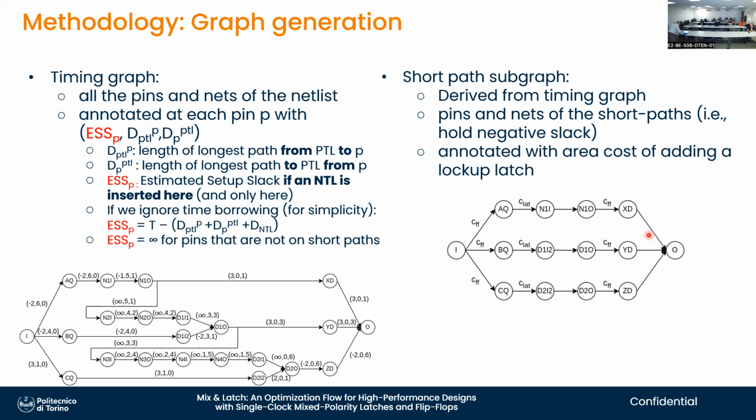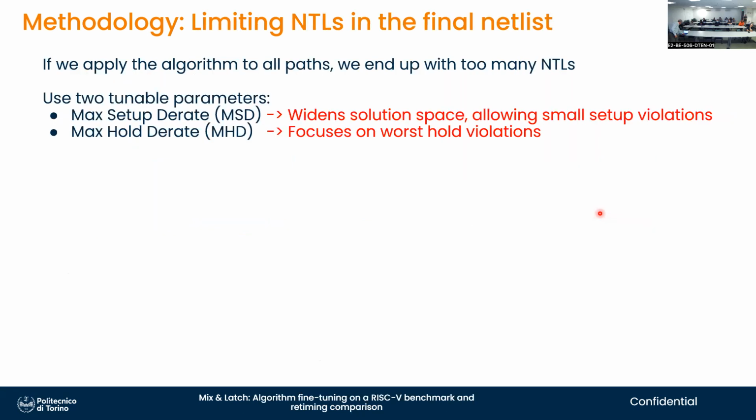And we try to find on this graph a cut that breaks every short path with a negative latch, and which does not involve any case of insertion where it would create a negative slack at the end. So we basically select out of all these gates only those for which the insertion before the gate or after the gate does not lead to a negative slack, which would mean timing failure. You don't get through the gate, through the door at the next stage.